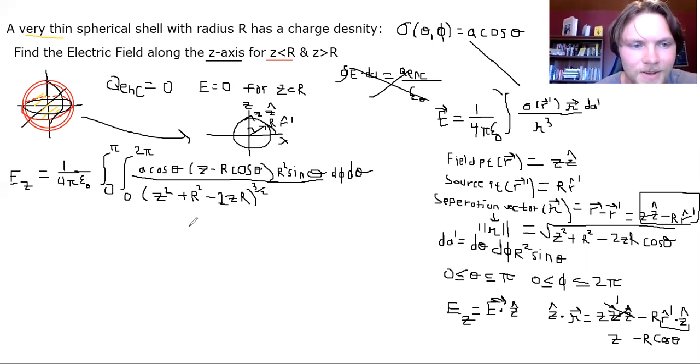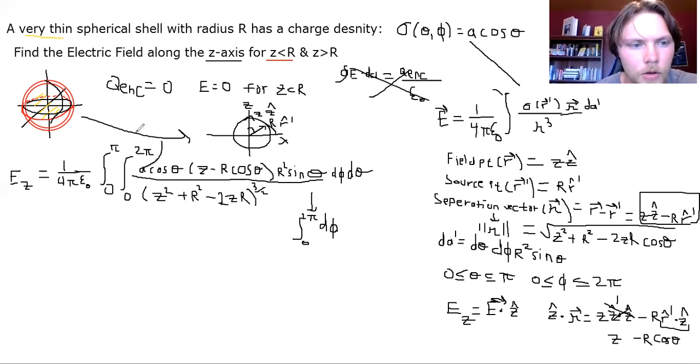So the first integral, since it's not changing with phi, we can pull everything out. Now we're just integrating from 0 to 2 pi, just d phi, which is just multiplying by a 2 pi factor, so we can put that in front.